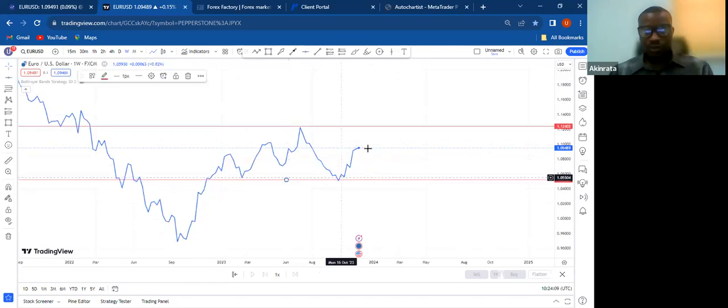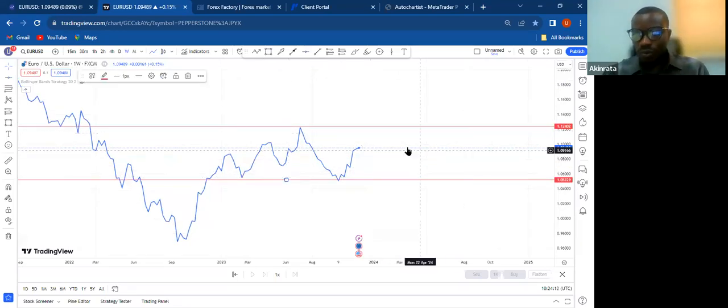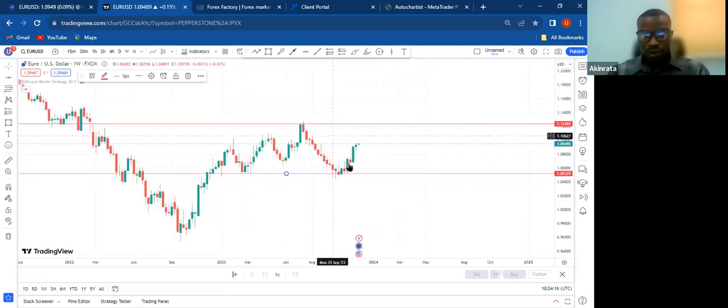The storyline here has been completed. We are heading toward 1.2402. Okay, so we are heading toward 1.2402 area.